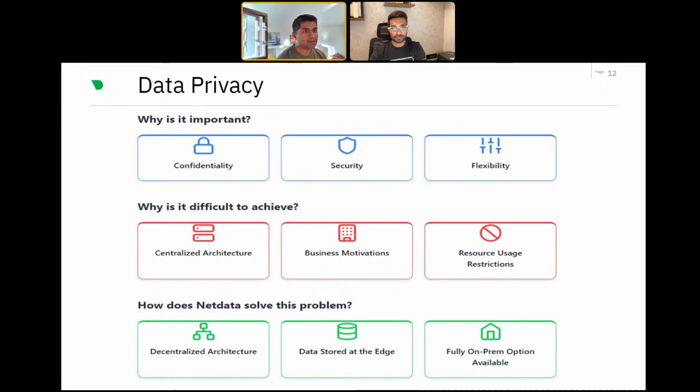And this is, again, difficult to achieve with a centralized architecture in general, because all the data is being hoovered up into a cloud somewhere. And for many companies, it's also about business motivations, right? They already have a centralized architecture in place. For those companies, it's very hard to move to a decentralized or distributed model.